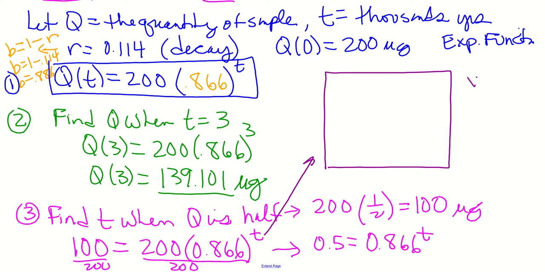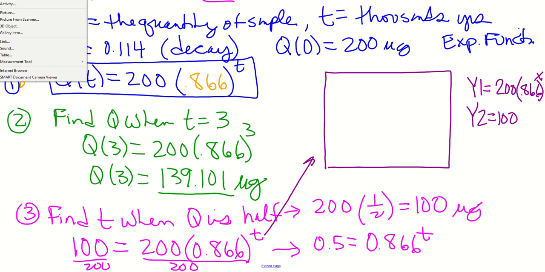So I'm going to go to my calculator, and I'm going to let y1 equal my exponential equation. So 200 times 0.866 to the, I'll have to use x in my calculator. And then I'm going to let y2 equal 100. So let's move to the calculator on that, and we'll put these in.